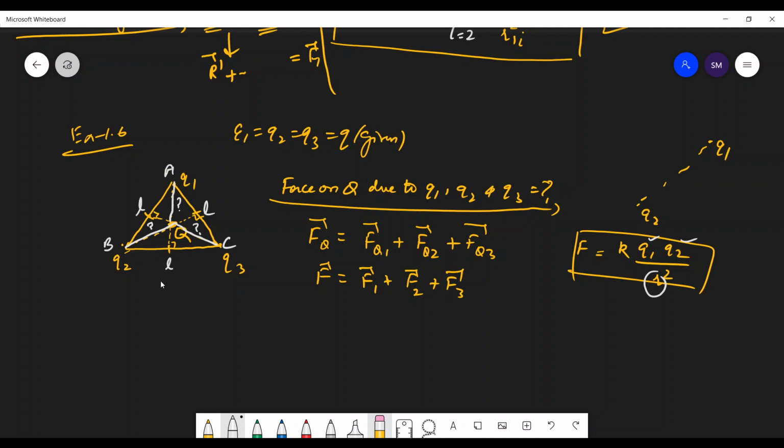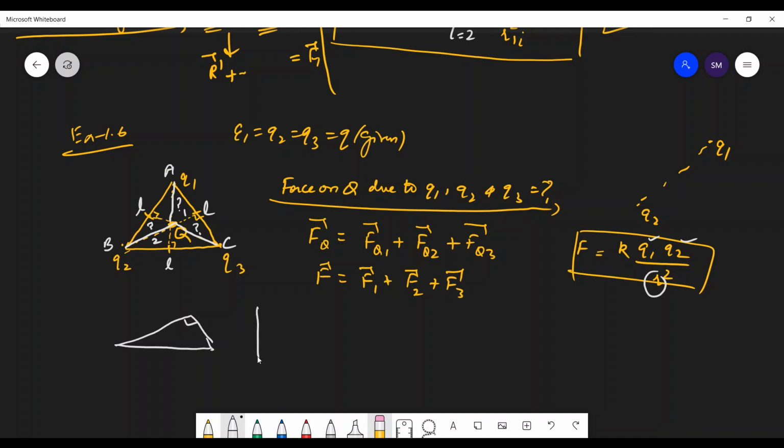We know that the centroid divides the median in the ratio 2:1. So this is 2, this is 1. Let us find out what this length is.